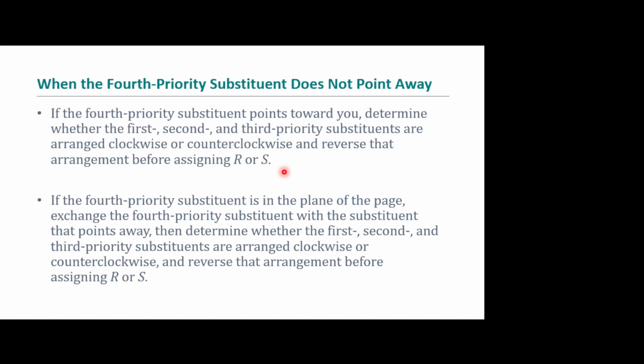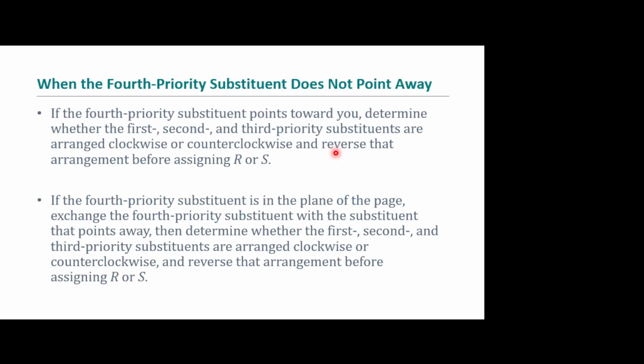And so you don't actually have to redraw it. You can just assign it normally. And whatever you come up with, you're going to have the exact reverse, because you're looking at the mirror image, aren't you? Okay? And so if you do the assignment and the hydrogen happens to be pointing out towards you, and you get an R, then the actual assignment was an S, wasn't it? Because I did it backwards.